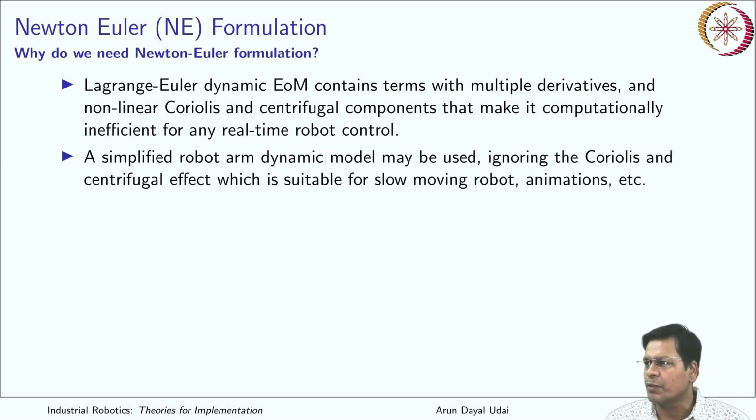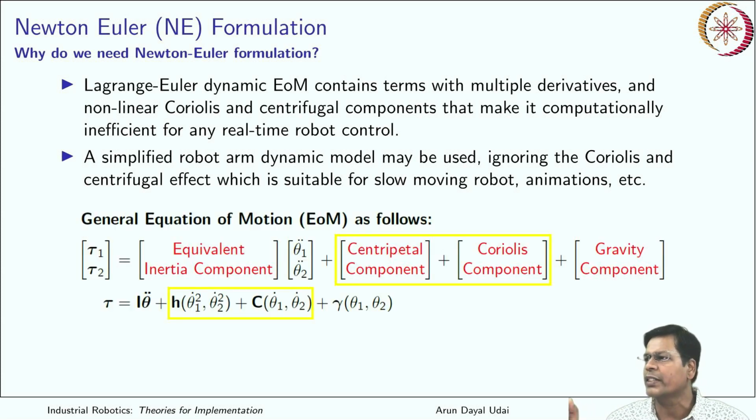A simplified robot arm dynamics model may be used. We saw dynamic torque is equal to I theta double dot plus C theta theta dot plus gamma theta. So you can ignore the term which includes the Coriolis and centrifugal components. That will make it a little simpler, if we assume that the robot is not moving quite fast.